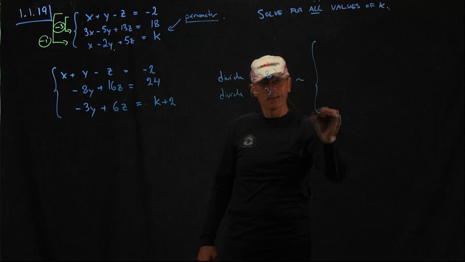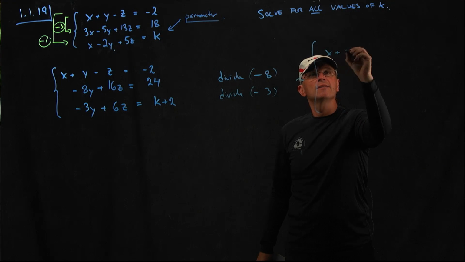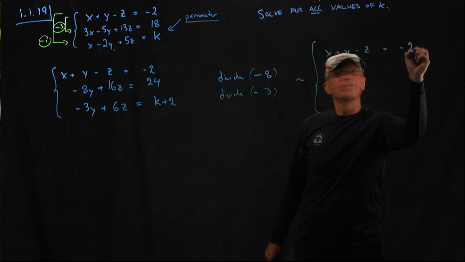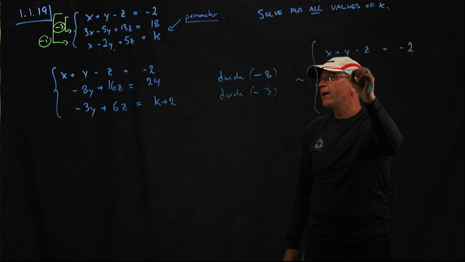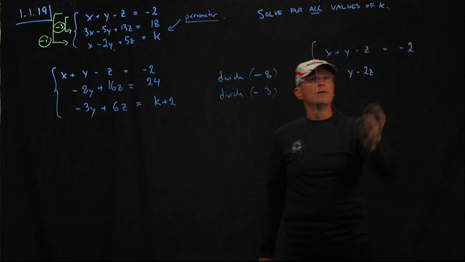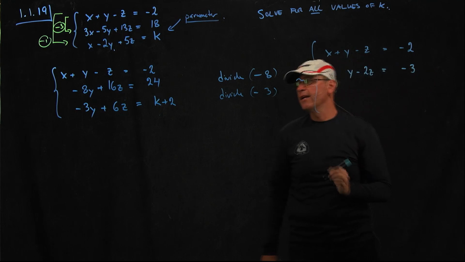Right, and what do we get? First equation stays. Then we get y minus 2z equals negative 3.